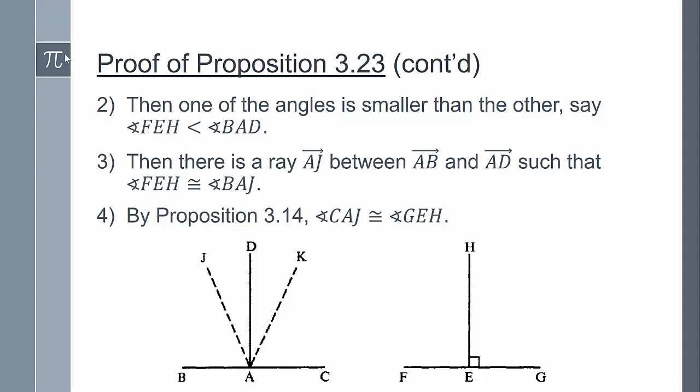Then by proposition 3.14, which states that supplements of congruent angles are congruent, we can conclude that angle CAJ is congruent to angle GEH, because these two angles are supplements of the congruent angles in step 3.